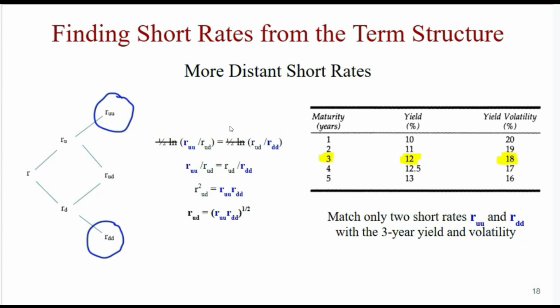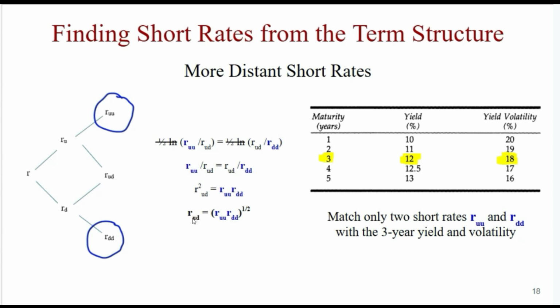So since these volatilities are equal, these volatilities will also be equal. So the ratio of R sub UD to R sub DD, here they're set equal to each other. Cross-multiplying gives us this relationship.